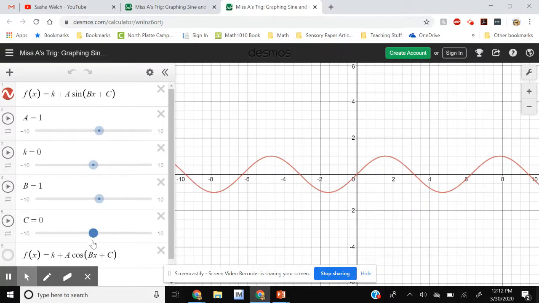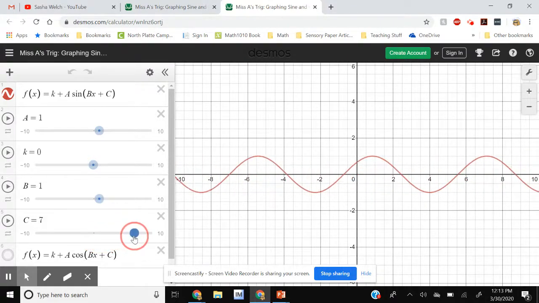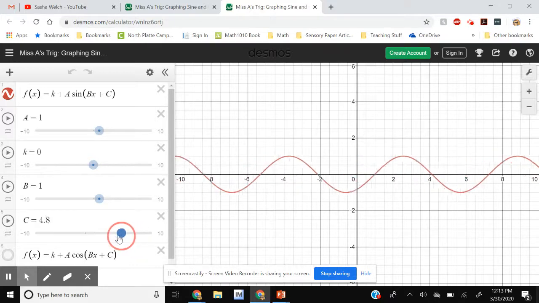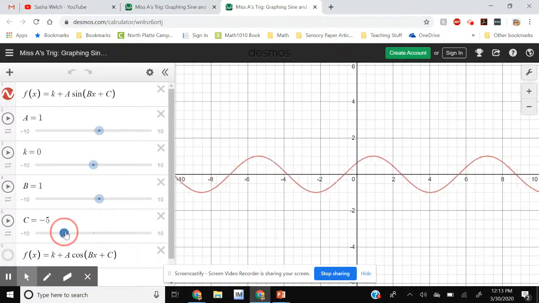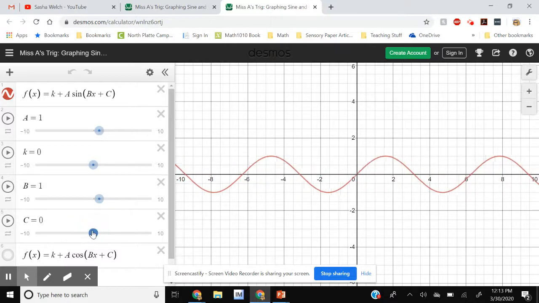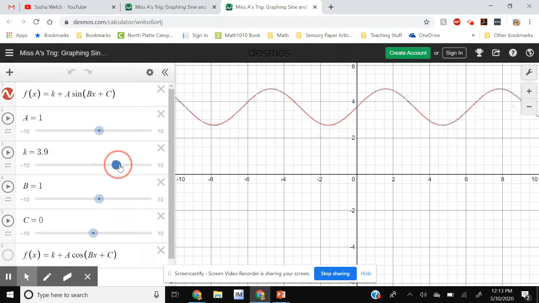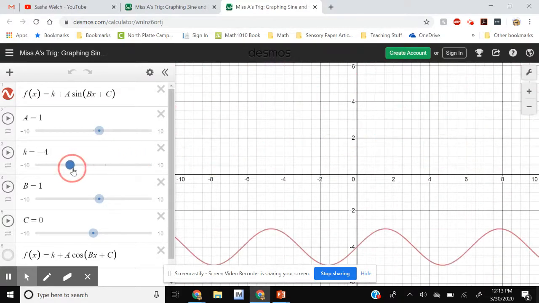That c is going to move it to the left if I have a positive c, or to the right if I have a negative c. And then our d, or this is a k because that's what they wanted it to be, moves our graph up or down. If it's positive, it's up. If it's negative, it's down.